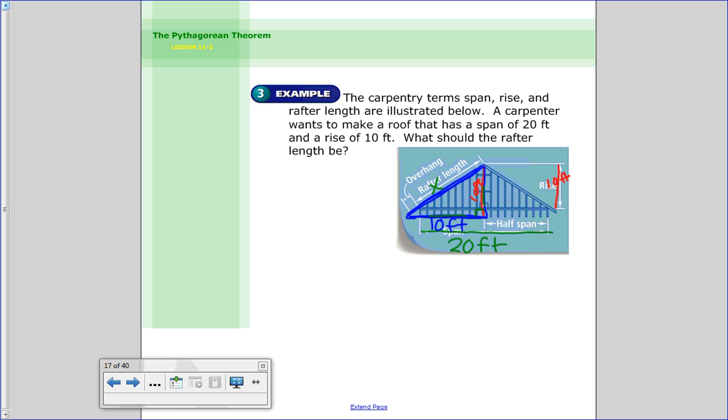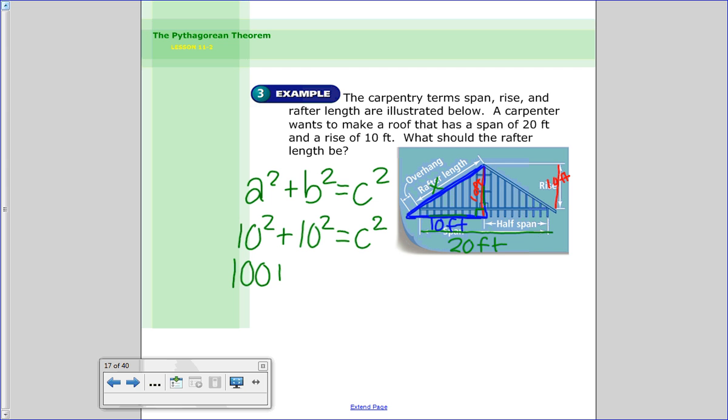So again, we start with the Pythagorean theorem, a squared plus b squared equals c squared, and we put this information in. 10 feet squared is going to equal that rafter length. 10 squared is 100. So we end up with 200 is the same as c squared, but we want to solve for c, so we do the square root.